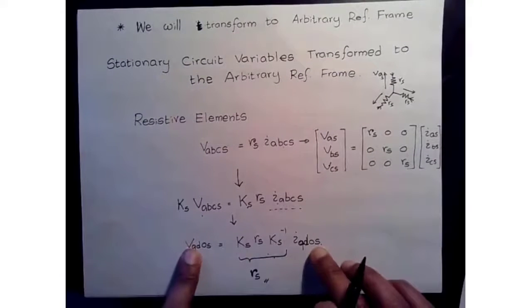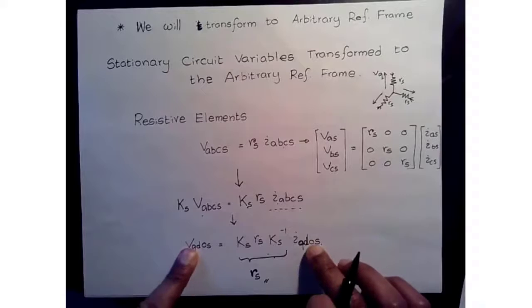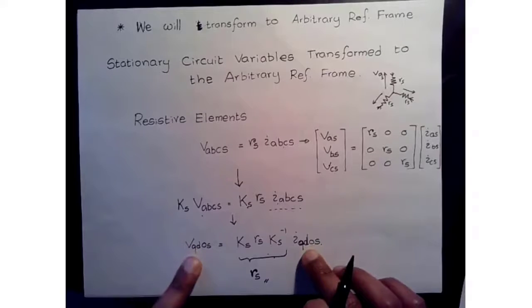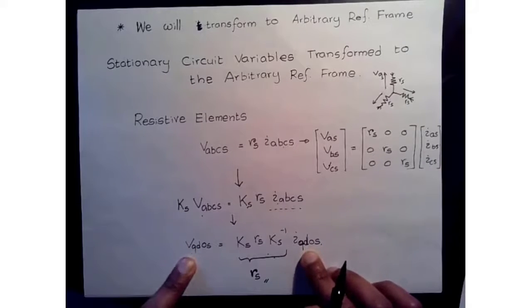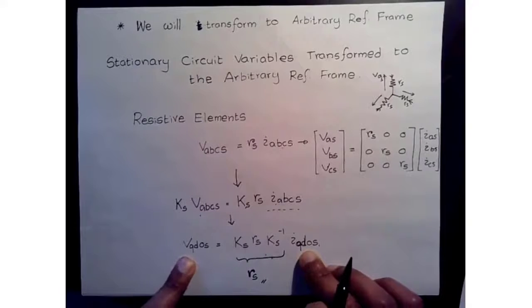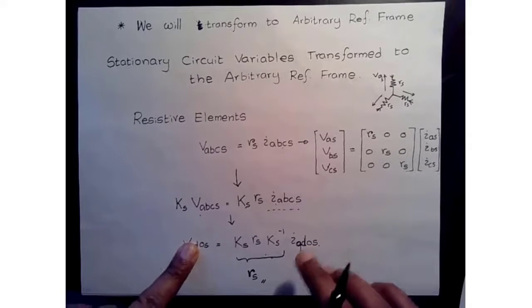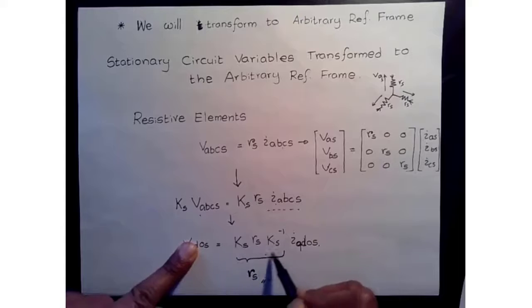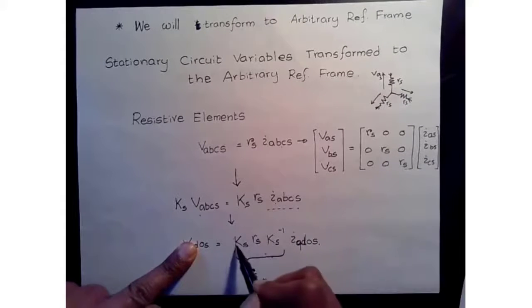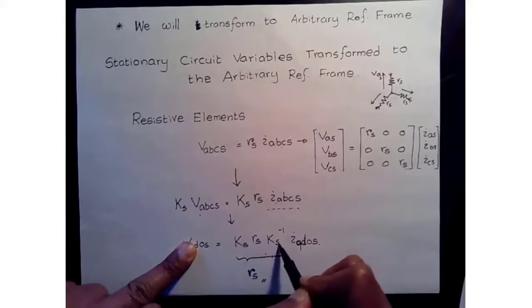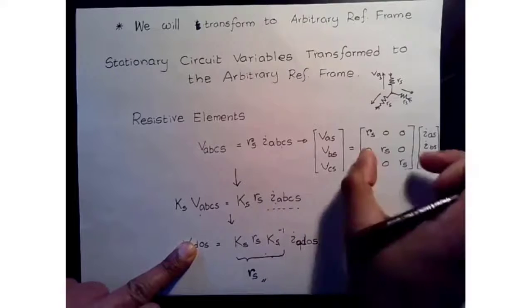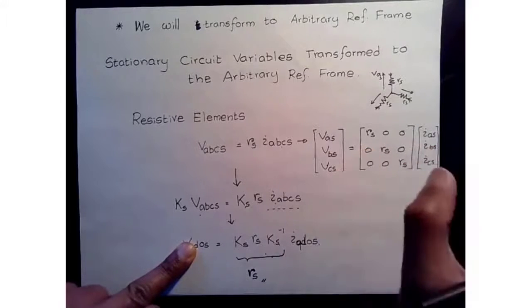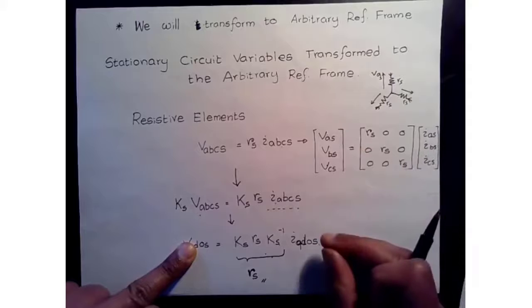Now, all my voltages and currents are in this arbitrary reference frame, QD0 frame, right? And so if you solve for this KS times RS KS inverse, that is what your resistors will look like in this new rotating frame.